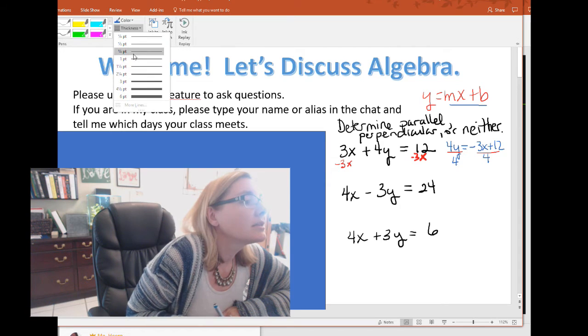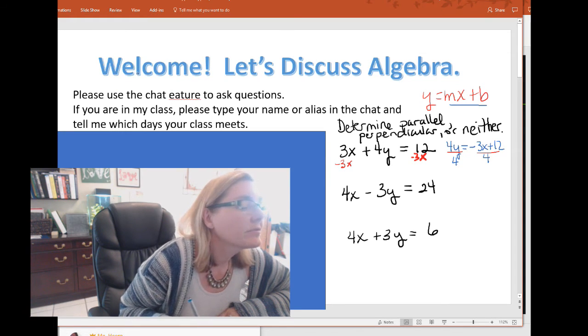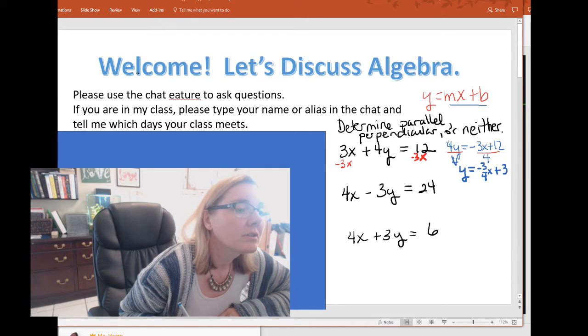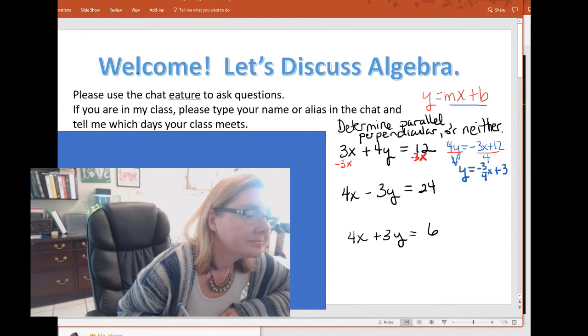So we're going to cancel these. 4 divided by 4 is 1y, or just y. And we're going to divide these. Negative 3/4 x. 12 divided by 4 is just 3, so we have negative 3/4 x plus 3.